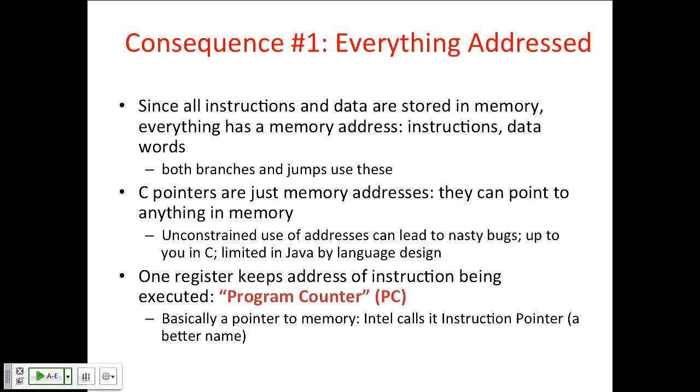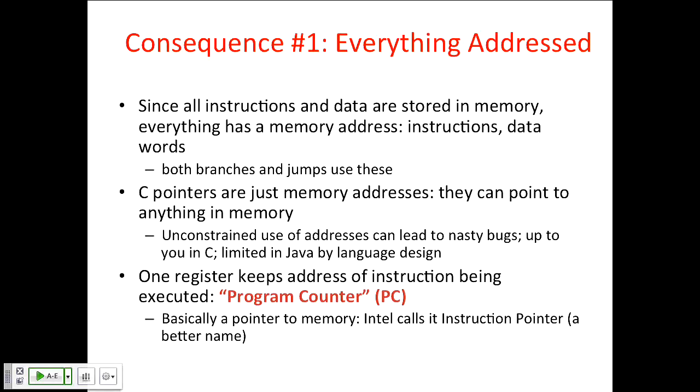So jump ahead by 10 bytes or 16 bytes, or jump backwards by 128 bytes. The immediate is a 2's complement value. So the question is, how far can I jump backwards or forwards from the current location? You have plus or minus 2 to the 15, because it's 16 bits with a sign bit. That's the range.